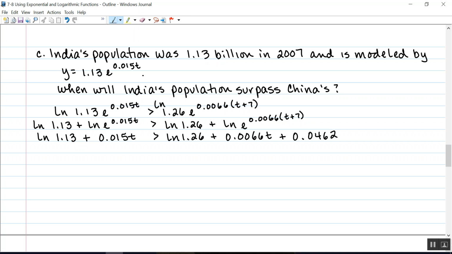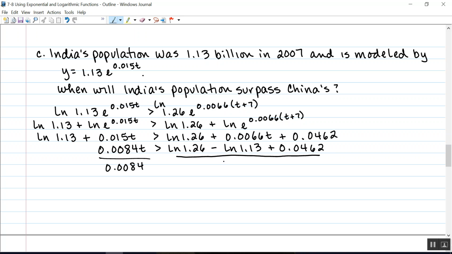So that's going to give me, subtracting this right here, 0.0084t is greater than the natural log of 1.26, subtracting the natural log of 1.13, and plus 0.0462. Looks pretty gnarly. Let's go ahead and divide both sides by this.